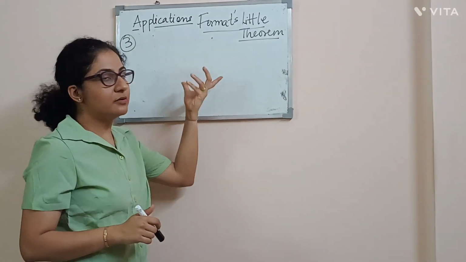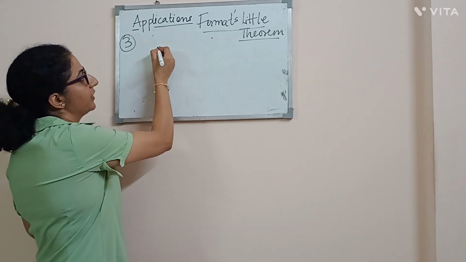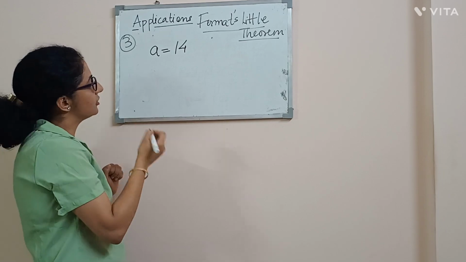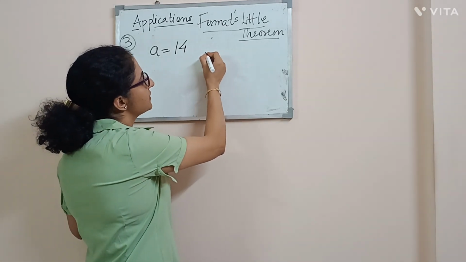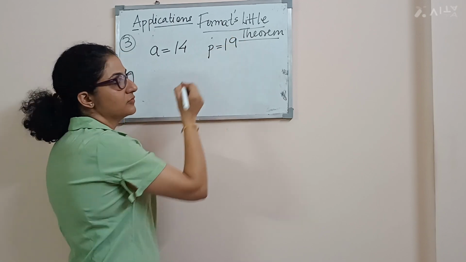So if we are applying Fermat's little theorem in general, let's assume I give you 14 and you have to calculate it with respect to 19.